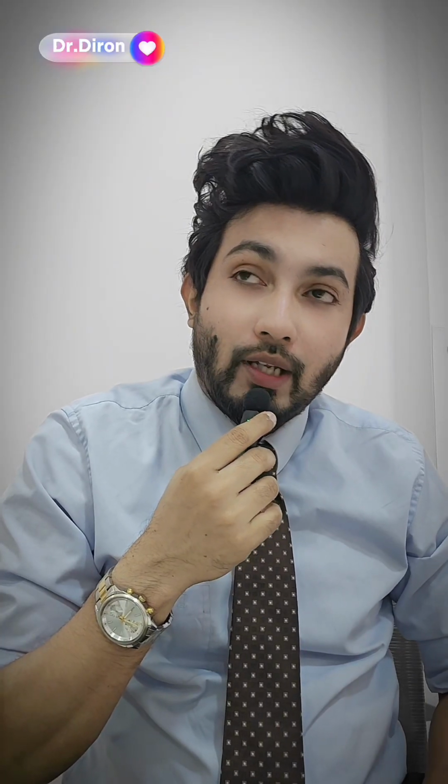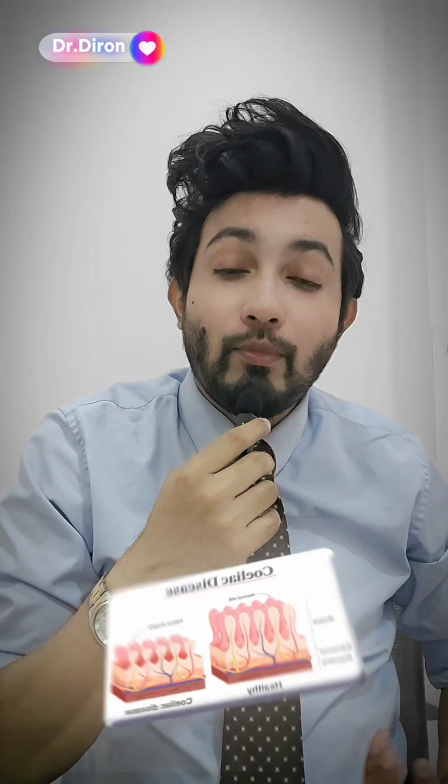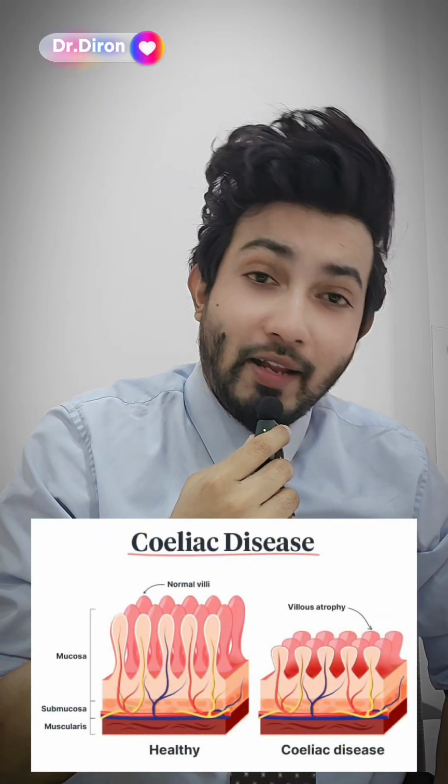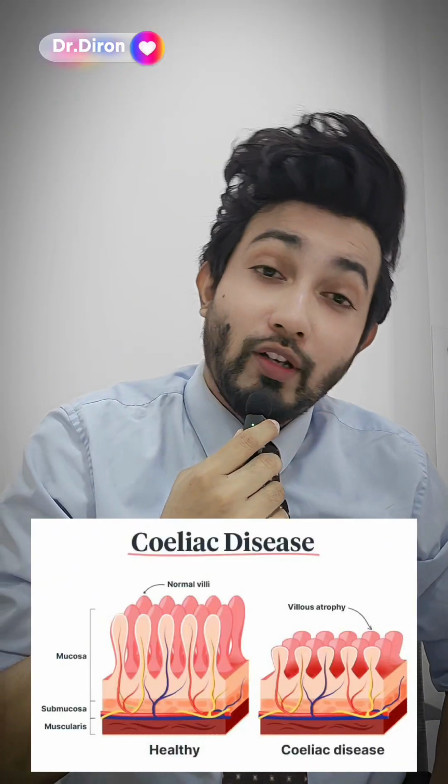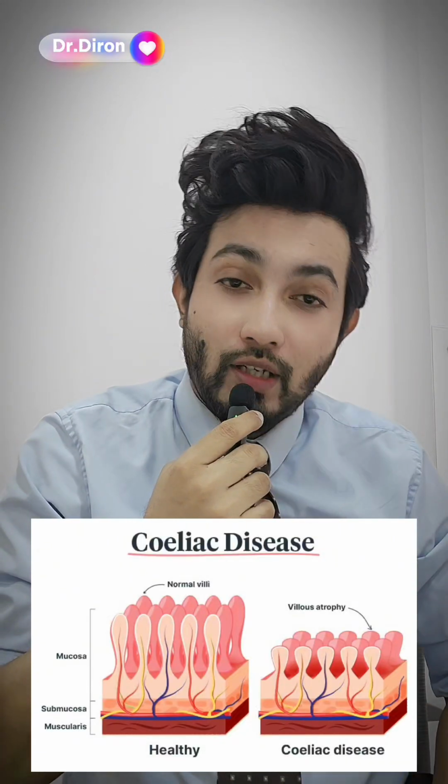So what happens in celiac disease? Whenever we take a gluten diet, this gluten triggers an immune response, so that immune response will result in damage and destruction to the small intestine, especially the lining of the small intestine.